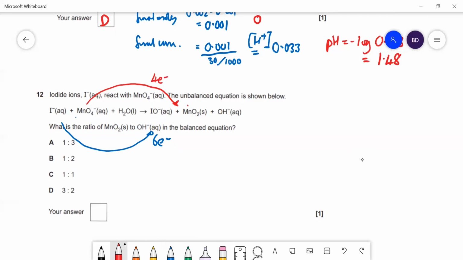So we multiply the iodine by 2 to make it 12 electrons, and we multiply the manganate by 3 to give us 12 electrons as well, so 3 manganates goes to 3 MnO2.